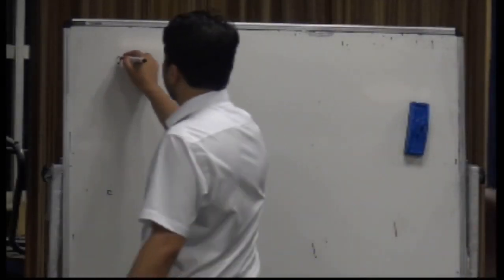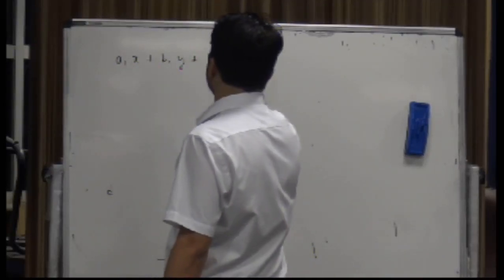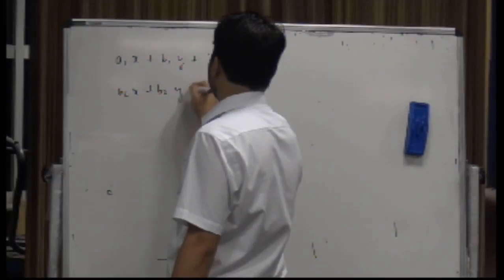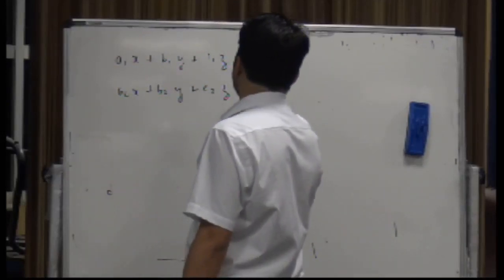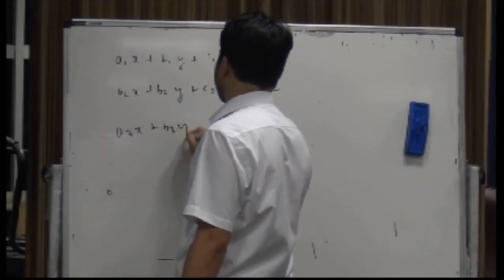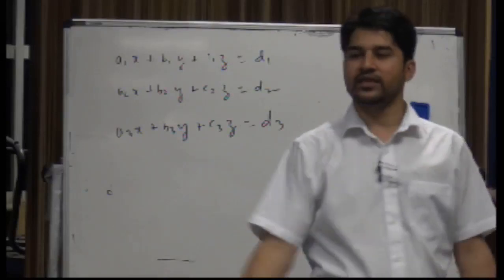Now here you got 3 equations: a1x plus b1y plus c1z is equal to d1, a2x plus b2y plus c2z is equal to d2, a3x plus b3y plus c3z is equal to d3. These three equations represent something.